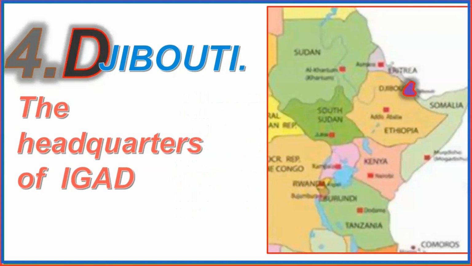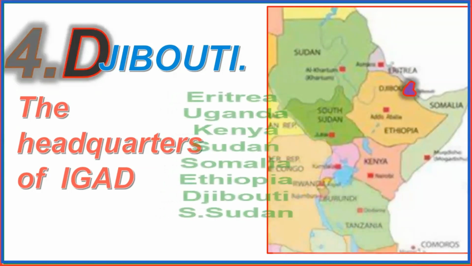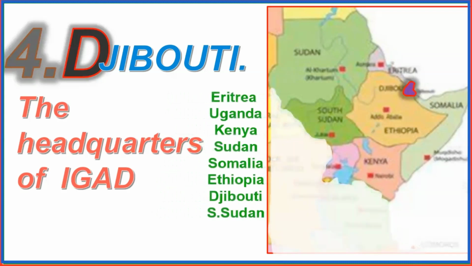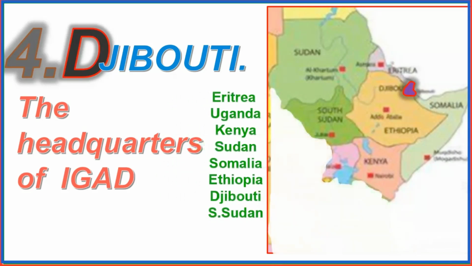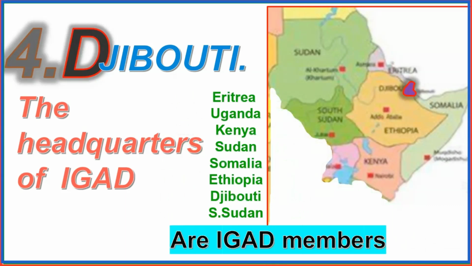To remember, we can sing Eritrea, Uganda, Kenya, Sudan, Somalia, Ethiopia, Djibouti, South Sudan, IGAD members, IGAD members, IGAD members, Eritrea, Uganda, Kenya, Sudan, Somalia, Ethiopia, Djibouti, IGAD members, IGAD members, IGAD members, IGAD members.